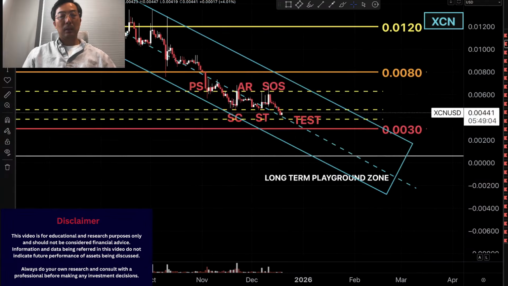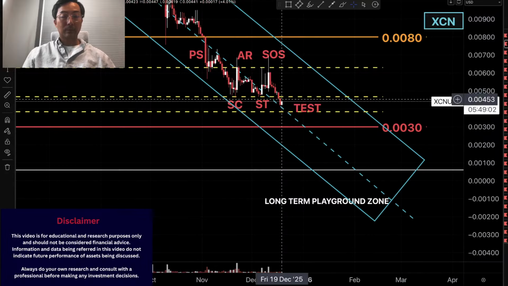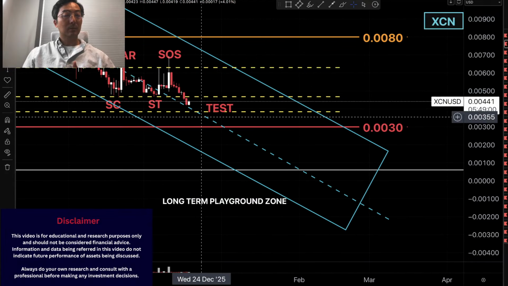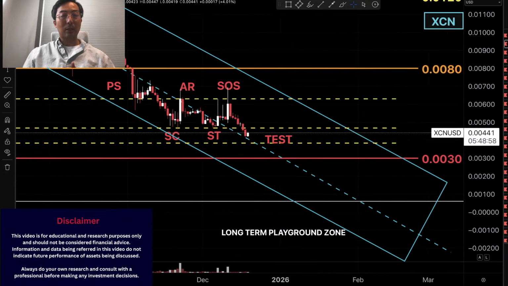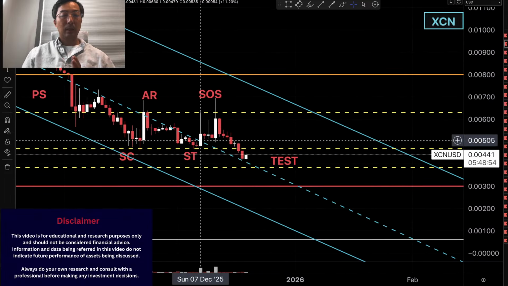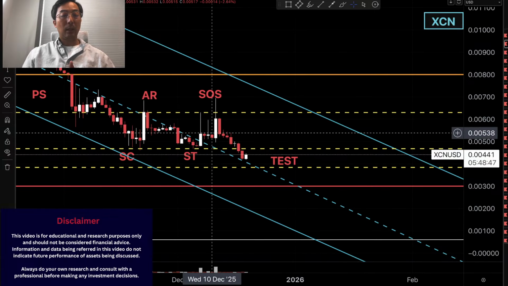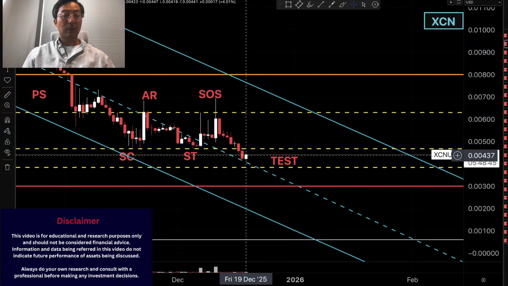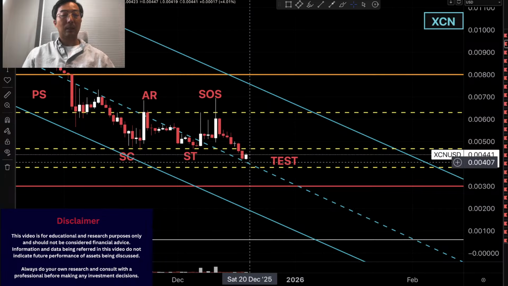As of this moment, it's still traveling, fortunately, along the stronger side of the box or the table. It came to the stronger side on the 7th, just 1.5 weeks ago. And now it's coming back to challenge the center line. Today it's just rebounding from the center line itself.